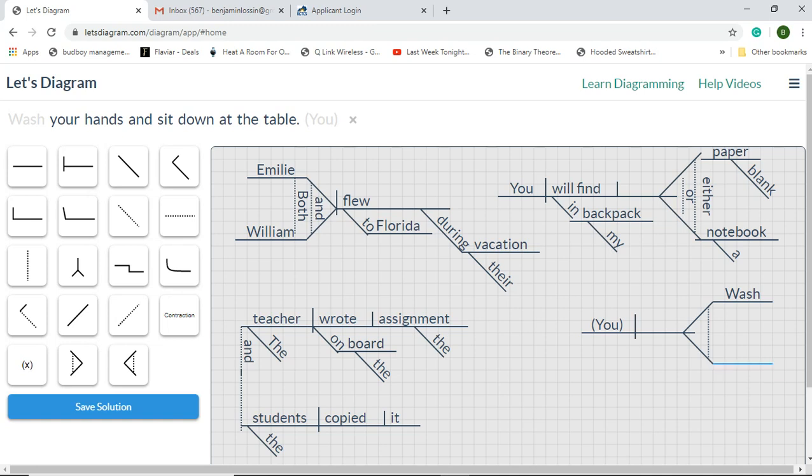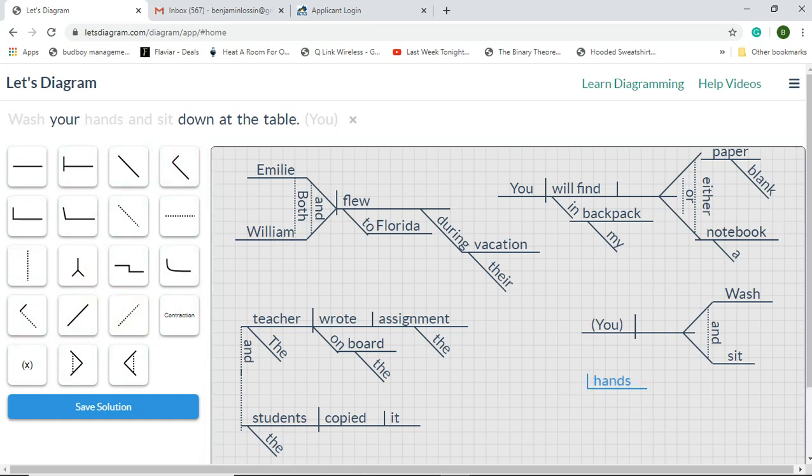So going right here. Okay. Here's our compound verbs, wash and sit. And they are connected by coordinating conjunction and. Good. So good so far. Now, what are they supposed to wash? What are you washing? What is our direct object in the sentence? You're supposed to be washing your hands, right? So wash your hands.